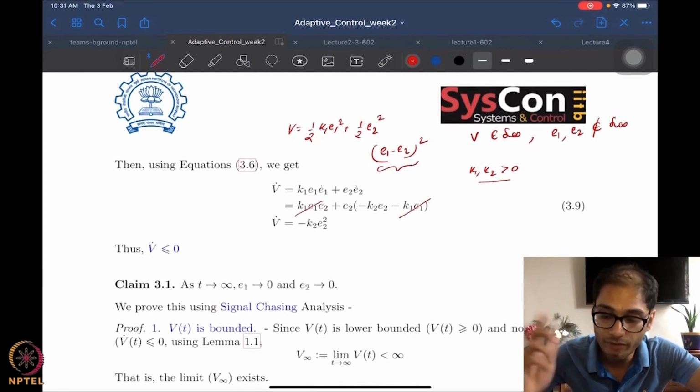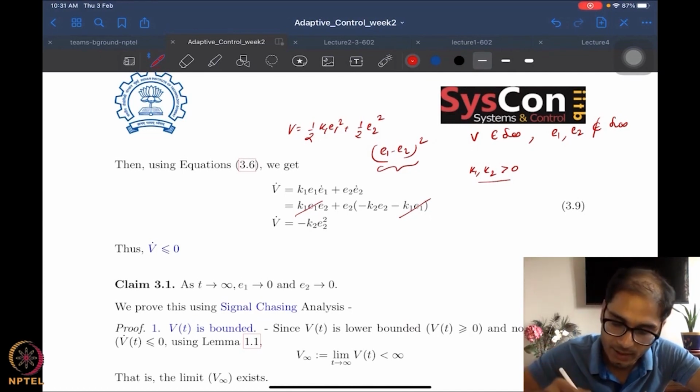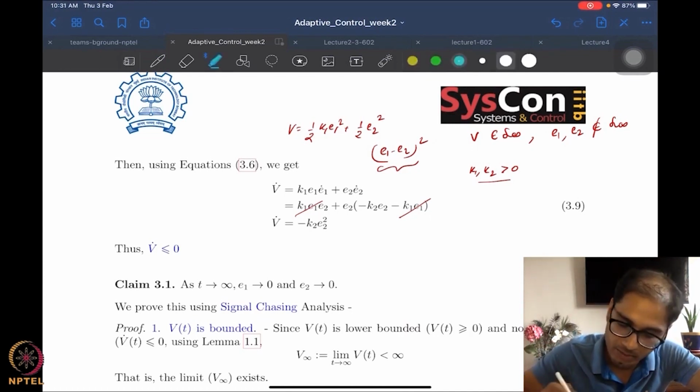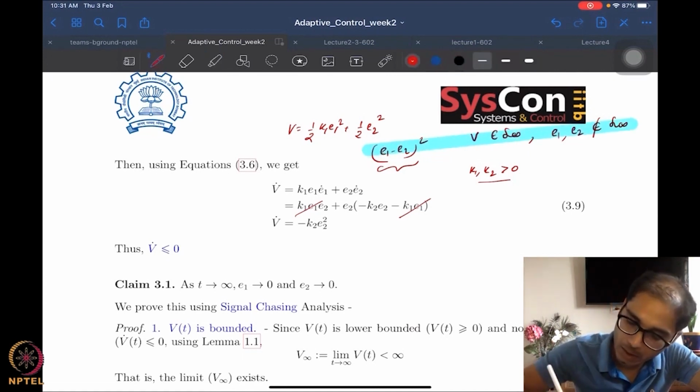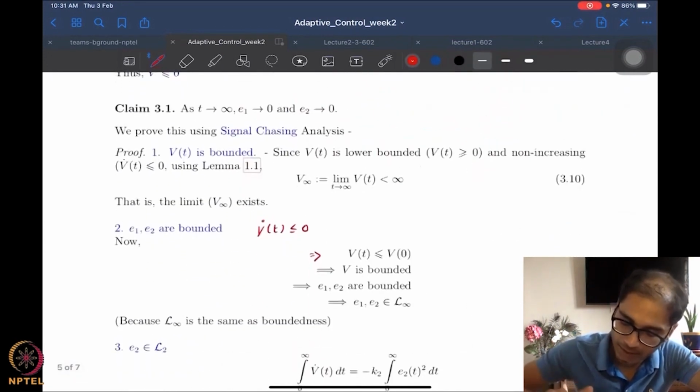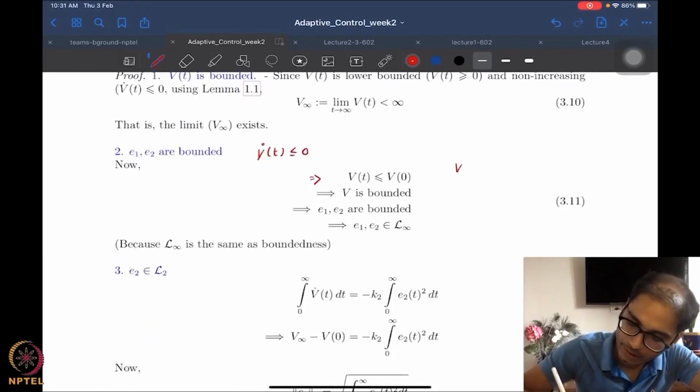So this is sort of a counter example. V bounded implies E1, E2 bounded because of the nice construction of V.